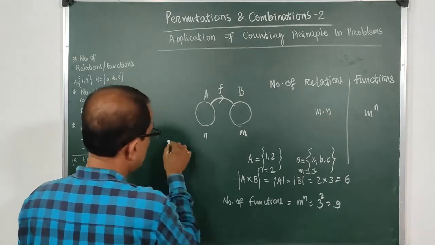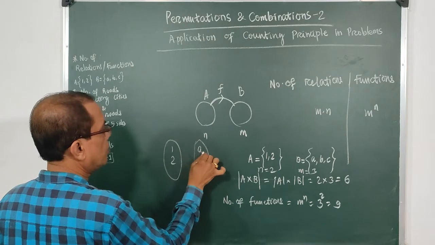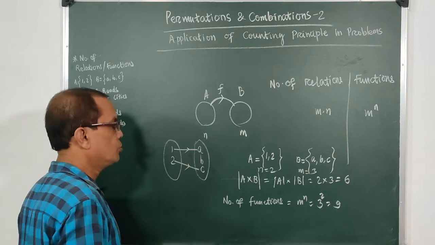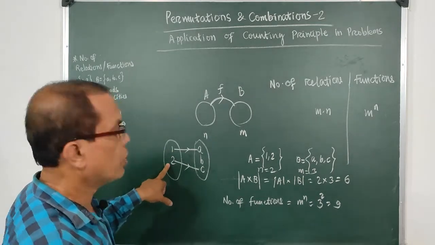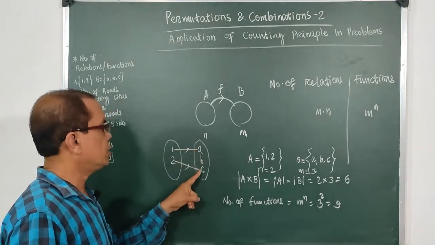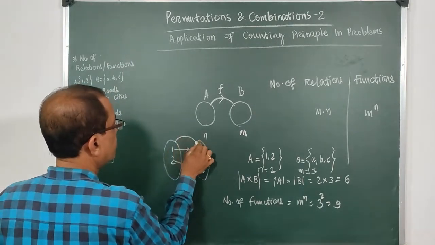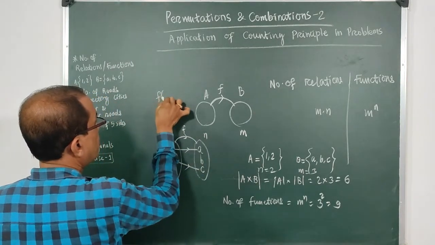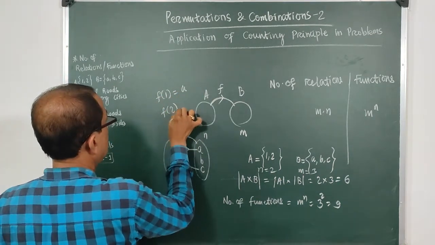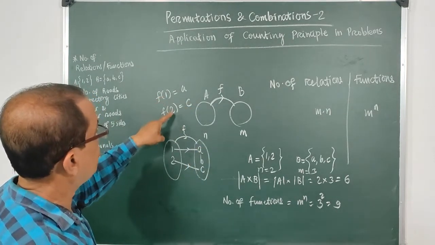When you have the sets in this form, 1 and 2 here, A, B, C here, and I am just connecting these two, if 1 and 2 are objects, then out of A, B, C, A and C are the images of 1 and 2. If the relation is f, you can write f of 1 is A and f of 2 is C. So A and C are known as images of 1 and 2.